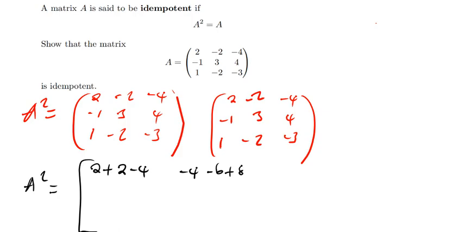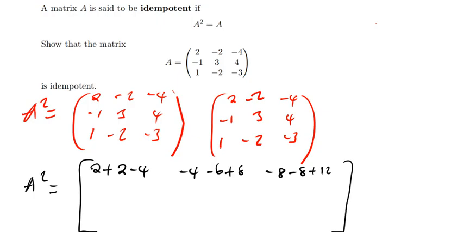Now I'm remaining with the last part. So it is 2 times negative 4, that is negative 8, then negative 2 times 4, that is again negative 8, then negative 4 times negative 3, that is positive 12. So we are done with that part.